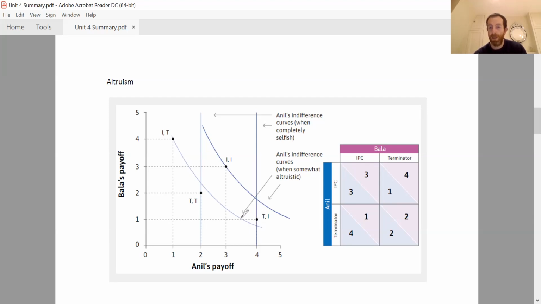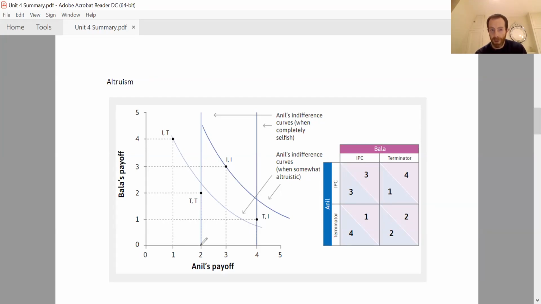So where we typically begin with game theory is to assume that the players are behaving completely selfishly. And these vertical blue lines on the diagram here show us indifference curves when Anil is completely selfish. Now, why do these vertical blue curves show that? Remember, indifference curves show us levels of constant utility.